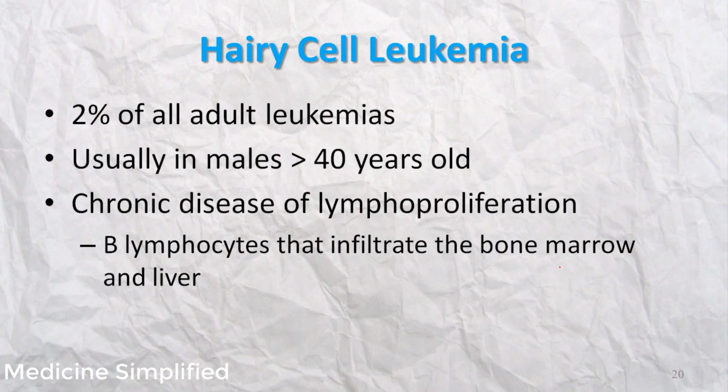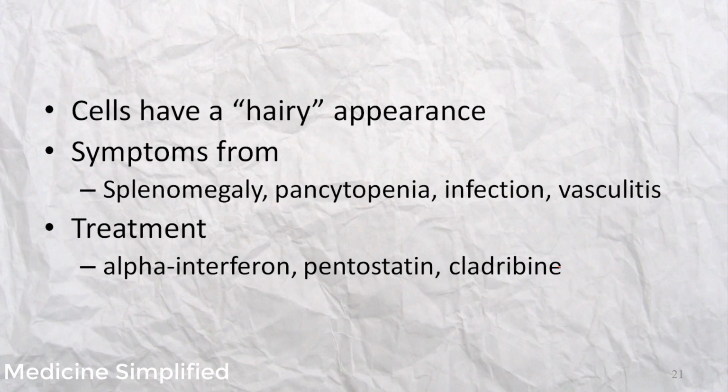Hairy cell leukemia. 2% of all adult leukemias are hairy cell leukemia. Usually predominant in males above the age of 40 years. It is a chronic disease of lymphoproliferation. Mainly B lymphocytes infiltrate the bone marrow and liver. The cells have a hairy appearance.